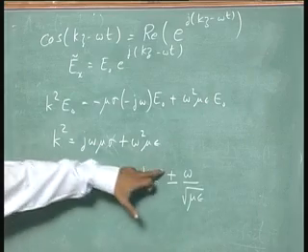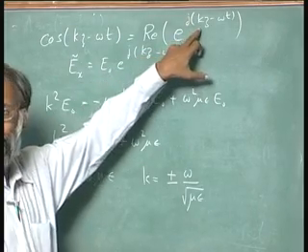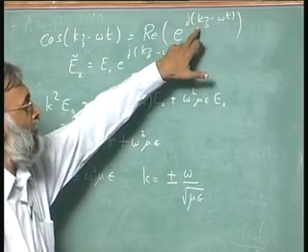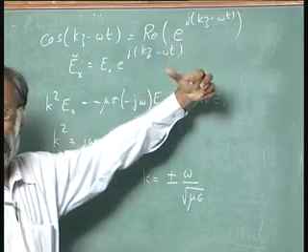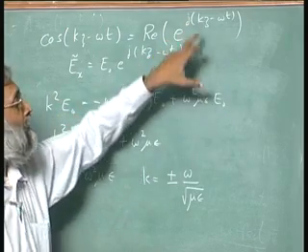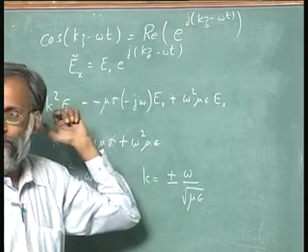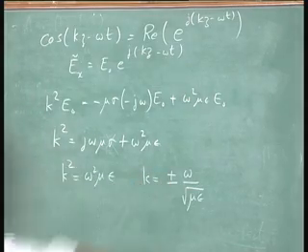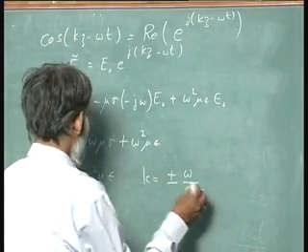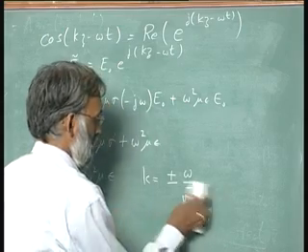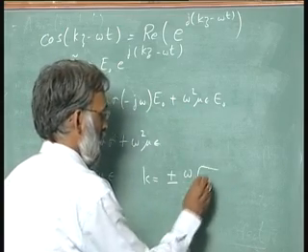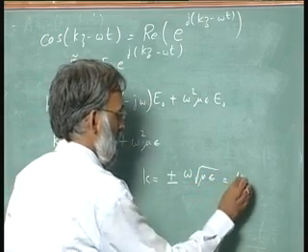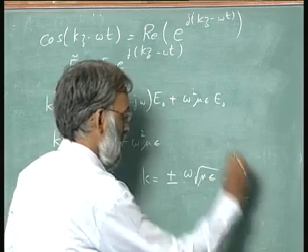The plus and the minus refer to the forward wave and the backward wave, because if the signs are the same, the wave is travelling in the minus z direction. If the signs are different, the wave is travelling in the positive z direction. So that is what the plus and minus mean. So this is nothing but plus minus omega over c.